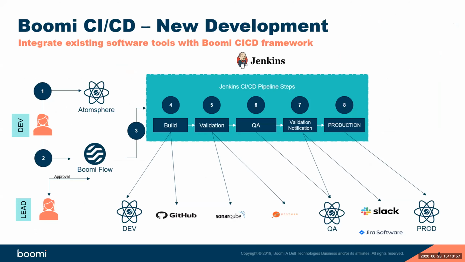Now, once this is all available, what does a new deployment look like? This is a view of the maximum number of combinations you can have; you don't necessarily have to have every piece of this puzzle to enable CI/CD.